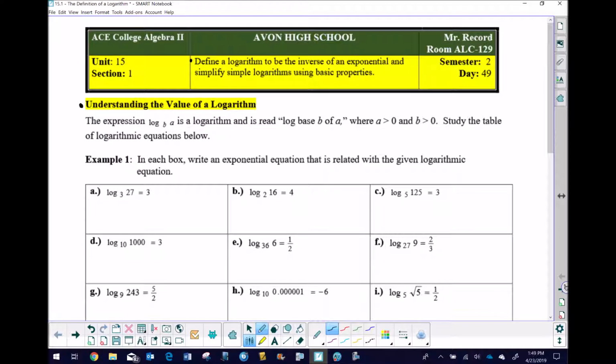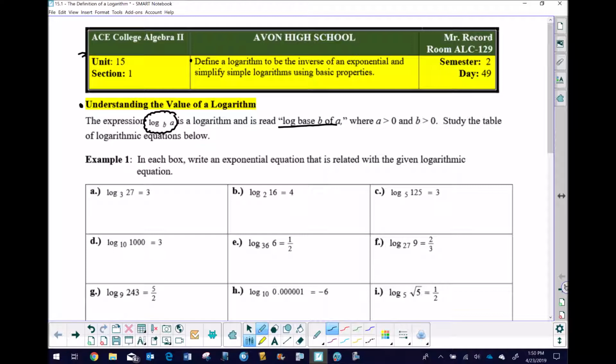You're going to see quite often an expression that looks like this. It says log, and then there's a subscript b, and then there's a value a. We read that as the log base b of a. It's possible to say the log of a base b, but it's more common to say the log base b of a.